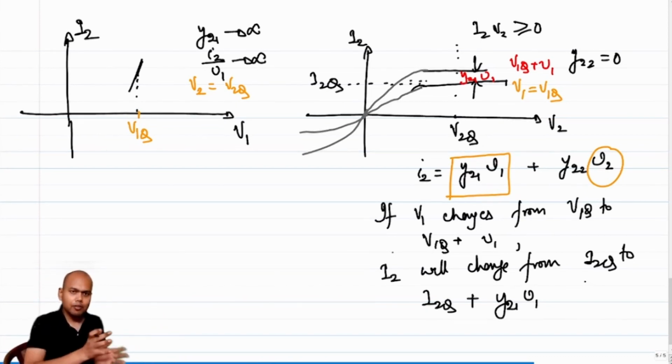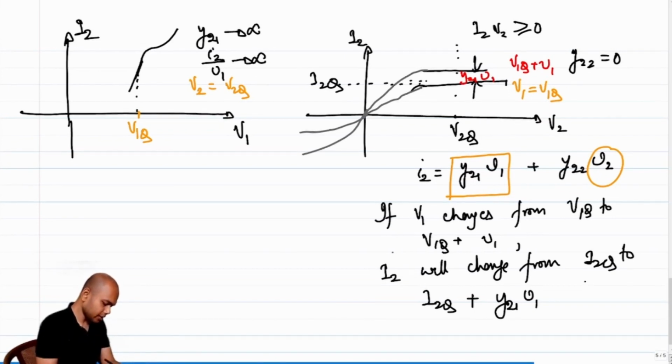It doesn't say what the slope needs to be if I deviate from that particular operating point. So it may as well be that this goes like this, it may as well be that this goes like this.